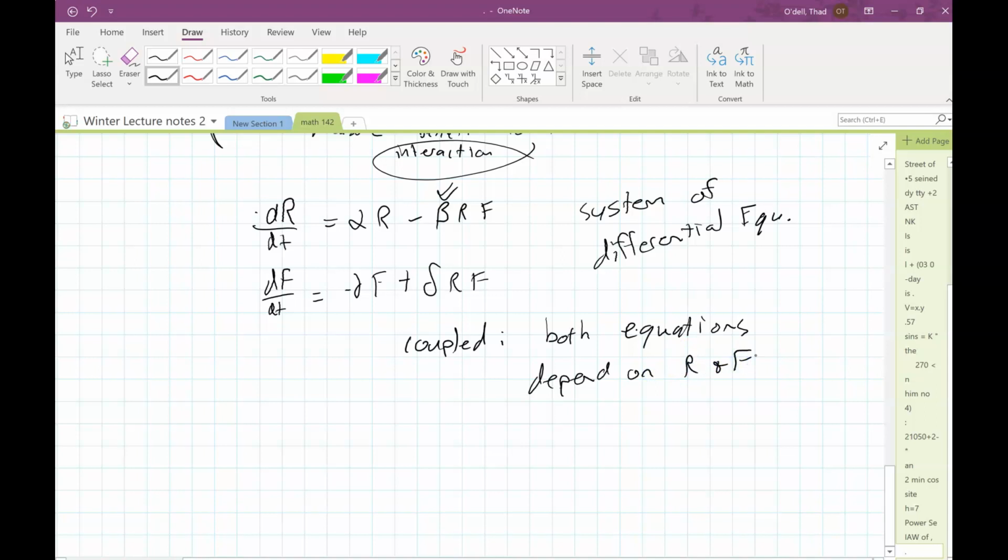So the fox and rabbit population affect the growth rate of fox, and the fox and rabbit population affect the growth rate of rabbits.